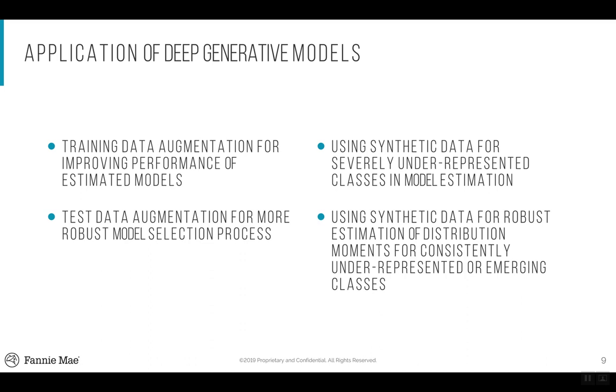Also, for severely underrepresented classes, such as some small cohorts in our acquisition, a deep generative model can create more synthetic data to enhance the model estimation. Also, the synthetic data can be used in the model selection process to help choose the best model or the best group of models.